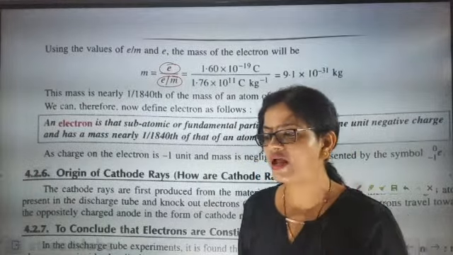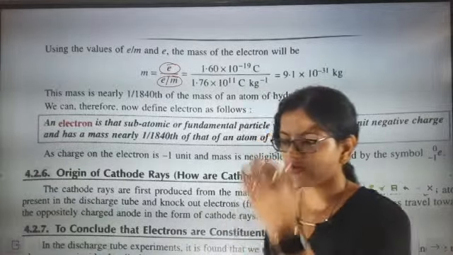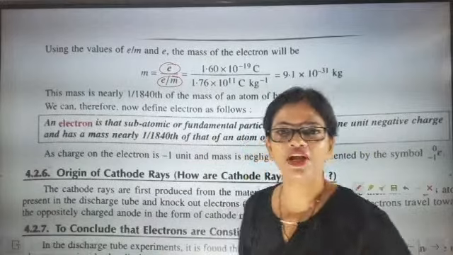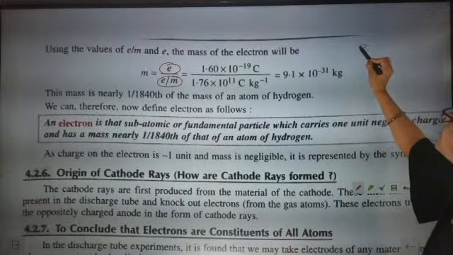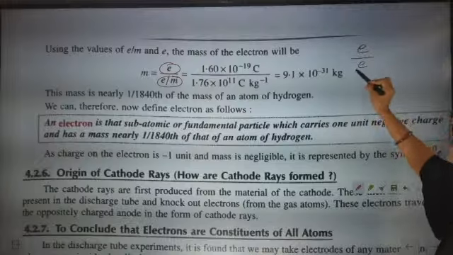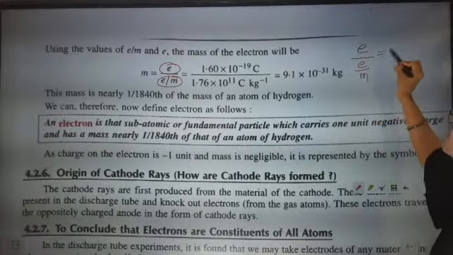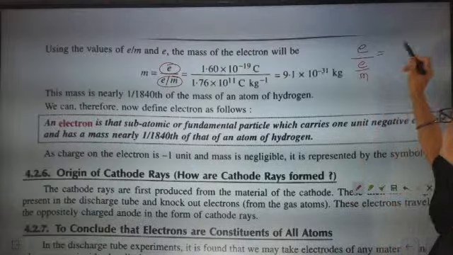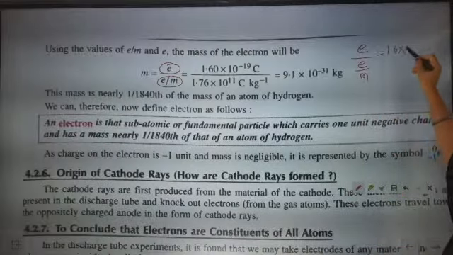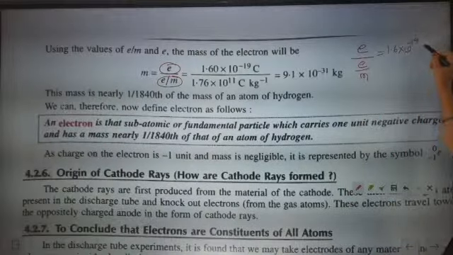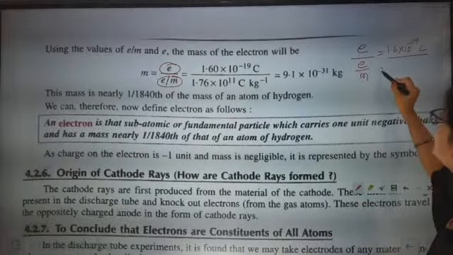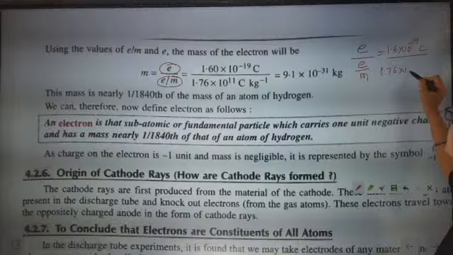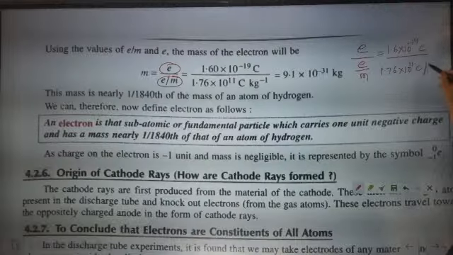So how to get the mass of electron? We have to do only one thing, that is charge by mass. The charge given is 1.6 into 10 to the power minus 19 coulomb, and charge by mass is 1.76 into 10 to the power 11 coulomb per kg.